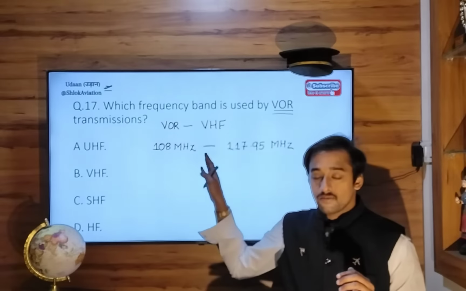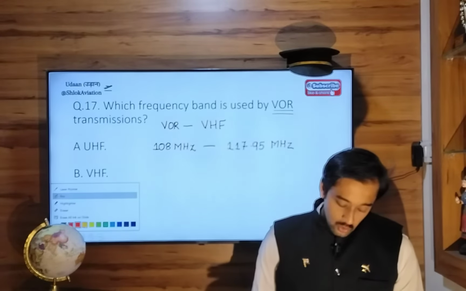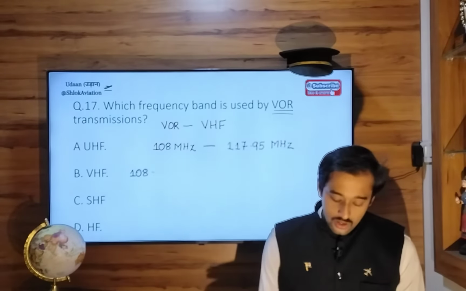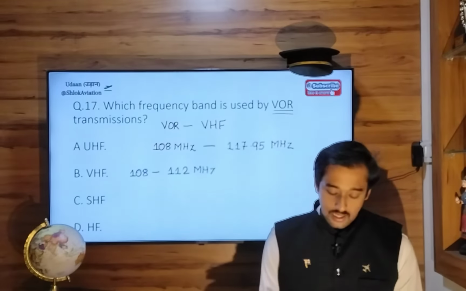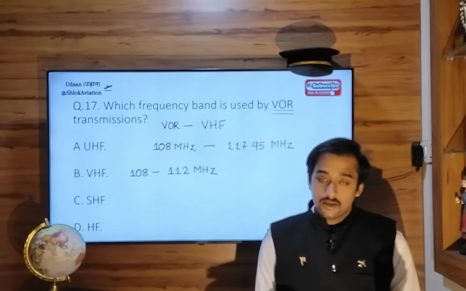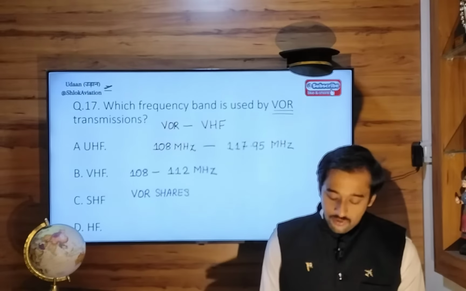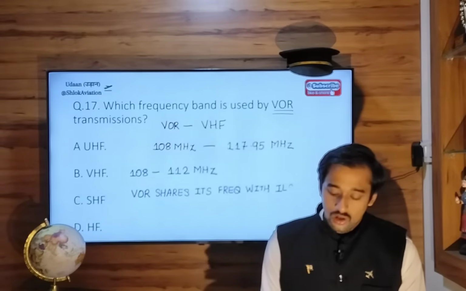Out of this total frequency range, there is one band within it which starts from 108 to approximately 112 megahertz. In this particular range, VOR shares its frequencies with the ILS localizer.